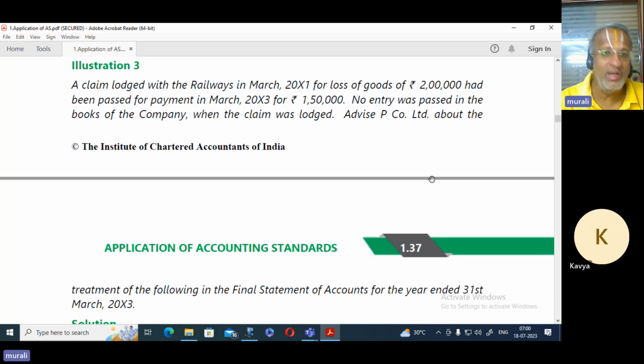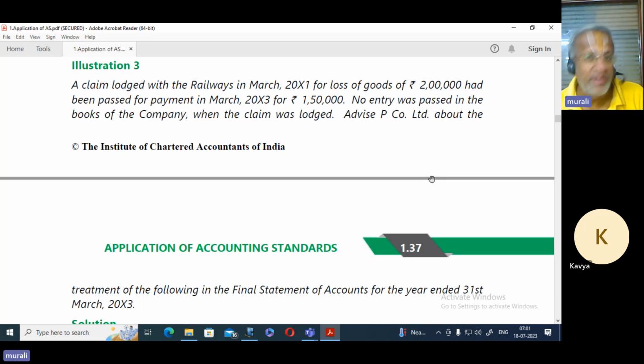When I am not getting the eligibility to account at all at the point when lodgement was made, I cannot consider passing no entry as omission. I am not supposed to pass a journal entry. I did not pass a journal entry, which is the correct treatment. How could not passing a journal entry be considered as omission? Therefore, it cannot be considered as omission.